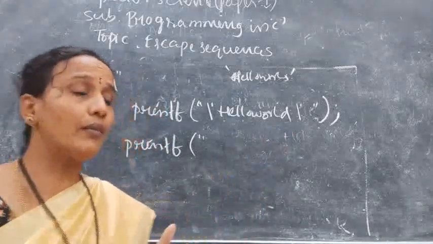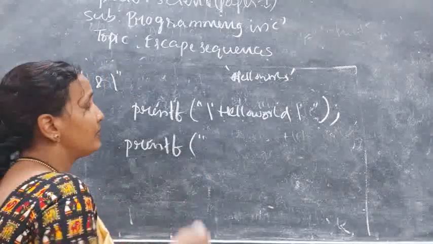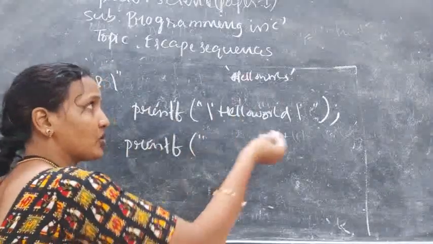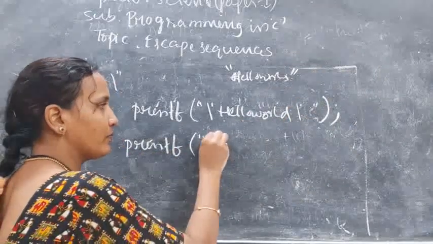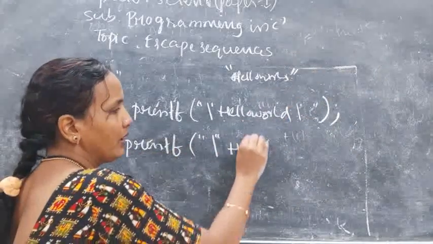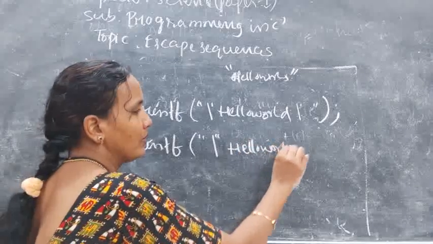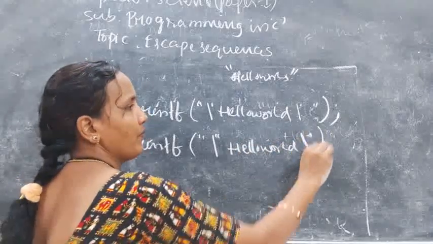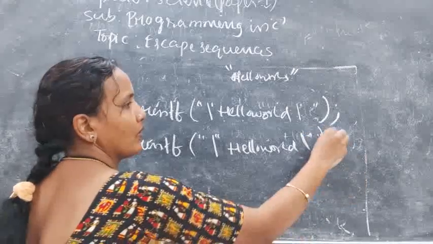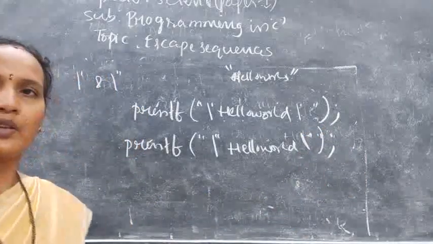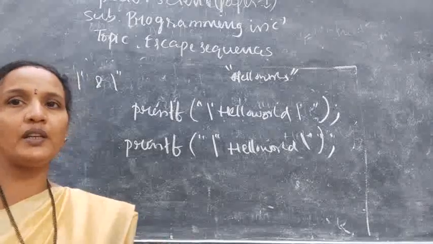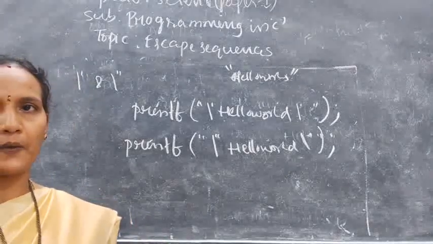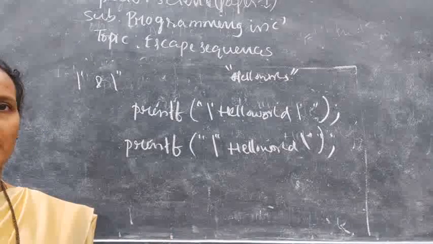But here I am giving double quotes for a string like this, with backslash double quote, hello world, like this. Okay. So what happened? The text is enclosed between double quotes. Okay. You write down this. Take a screenshot of that.